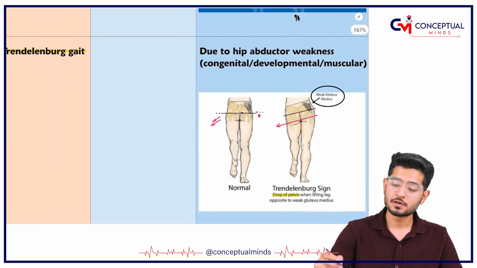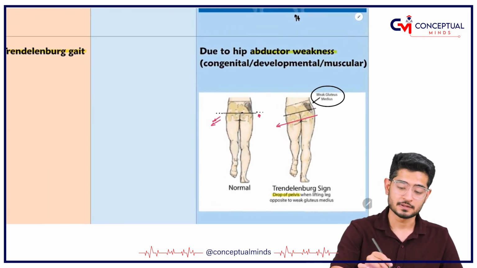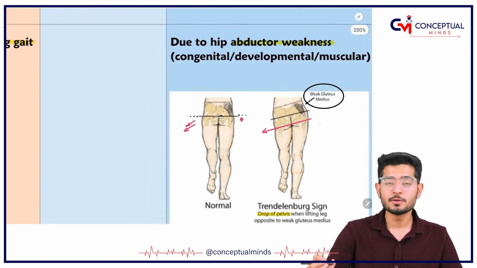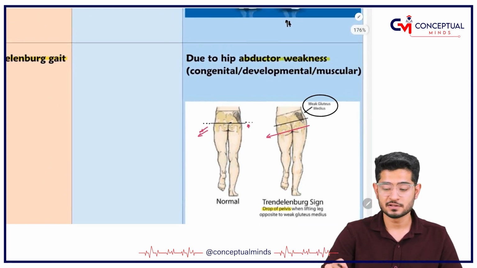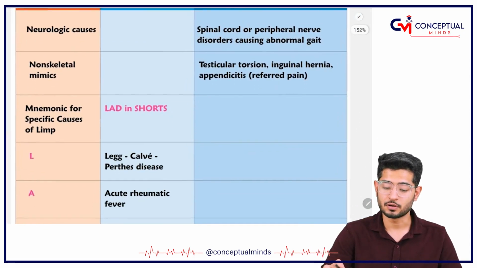Why is it there? Because of abductor weakness. Abductor means it's going to pull it like this. Because it is not working, the movement is in the opposite direction. This is the Trendelenburg test.